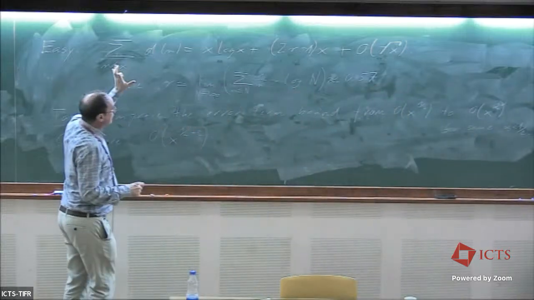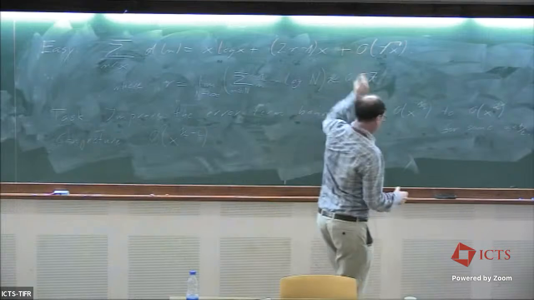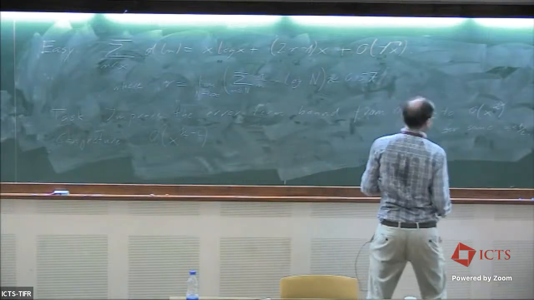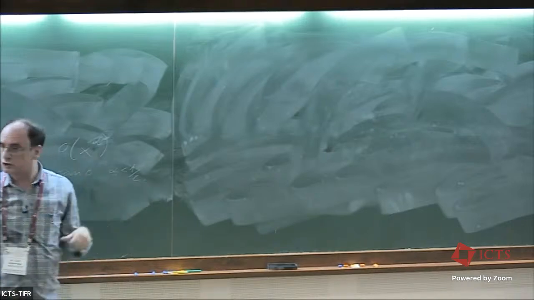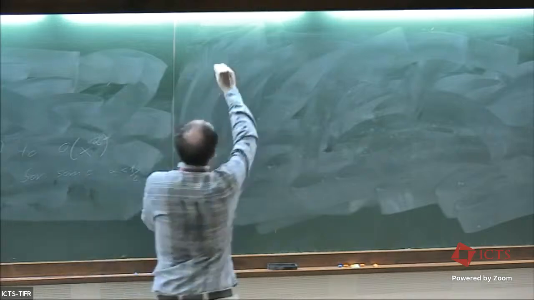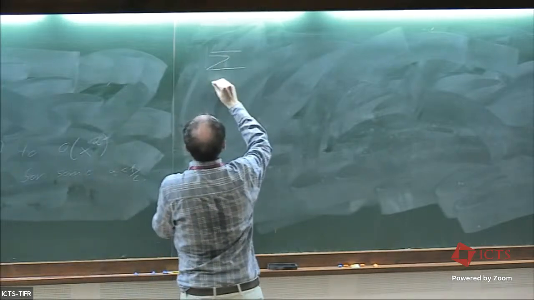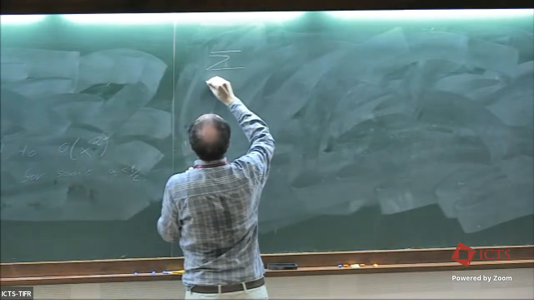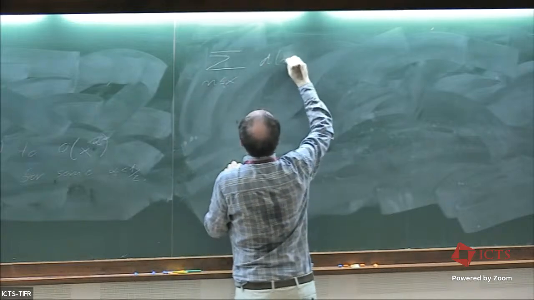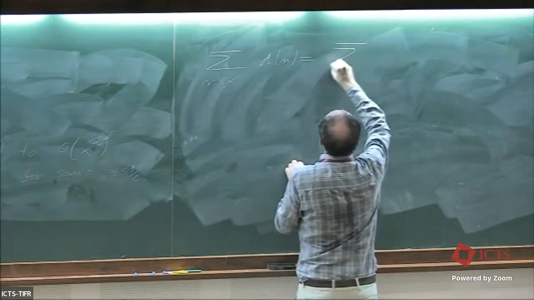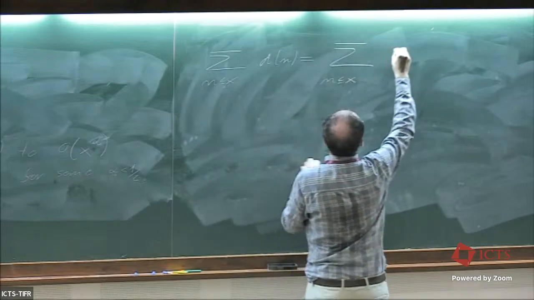Good, so let's carry out that estimate. We may interpret that geometrically by observing that the sum over n less or equal x of d(n) is the number of pairs of numbers s, t with product equal to n, n less or equal x.